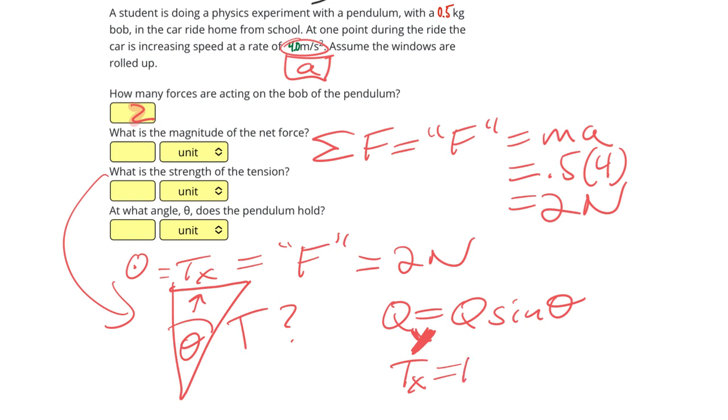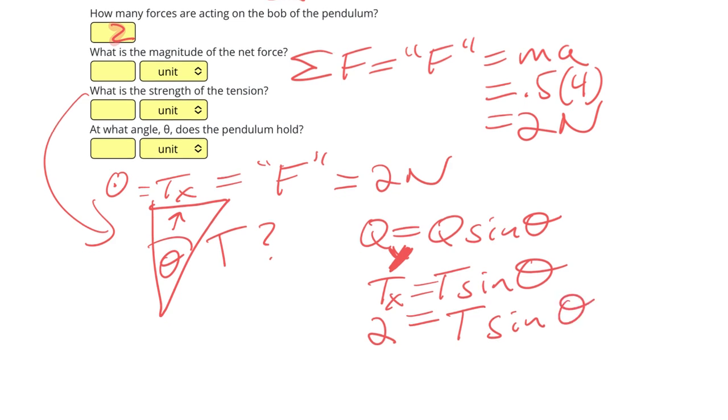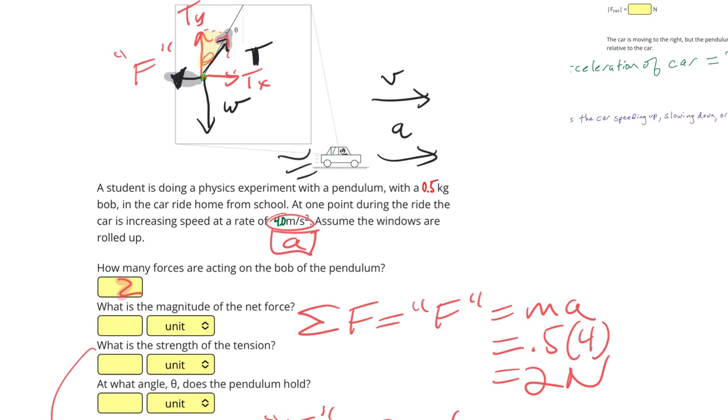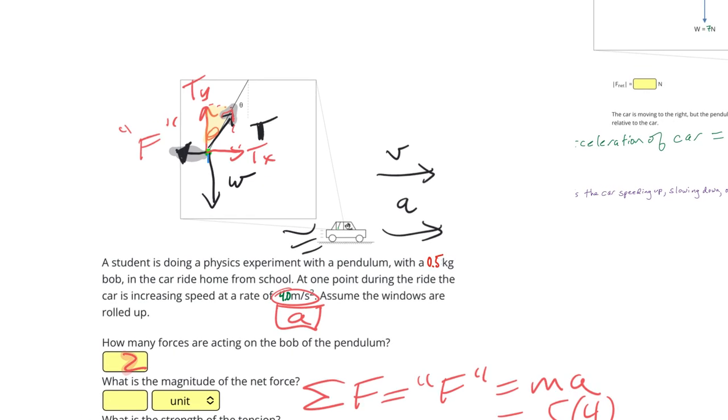It is equal to T sine theta. And so we know Tx is 2. T, I don't know. Sine theta, but I don't know what theta is. Well, we can find what theta is, or we can find T another way.